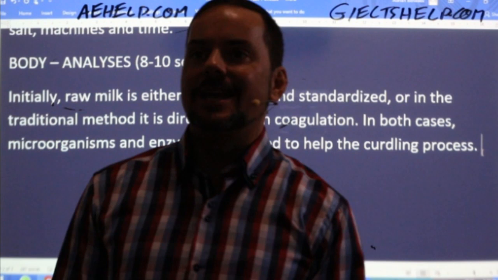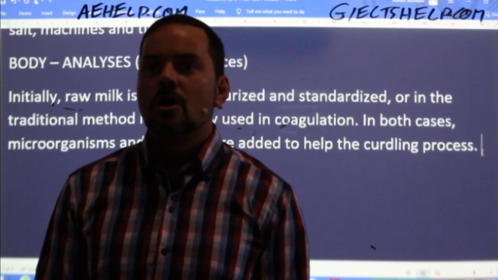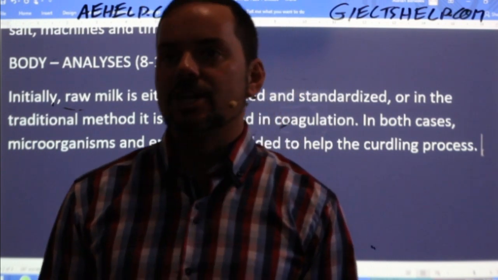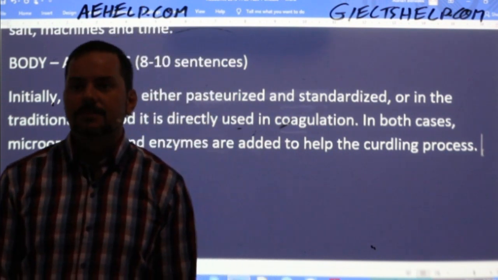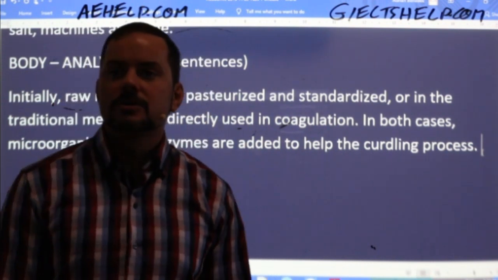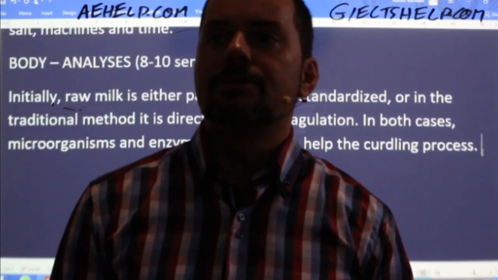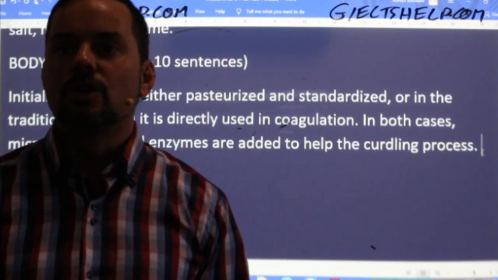So Pavan, it is clear that cheese can be initially processed either by traditional or standardized methods for coagulation. Good, Pavan. Okay, that's a nice sentence.